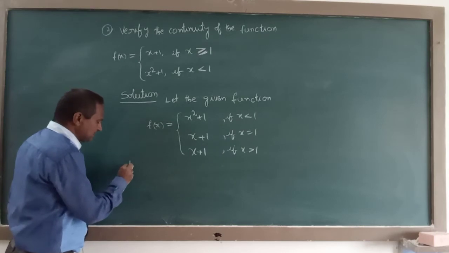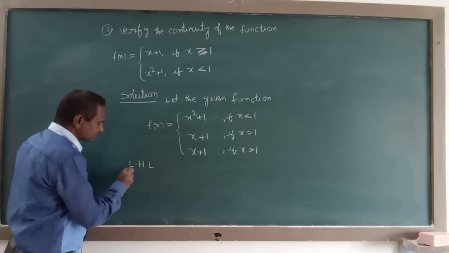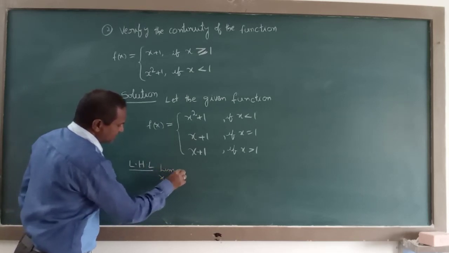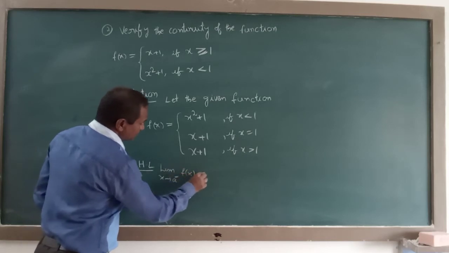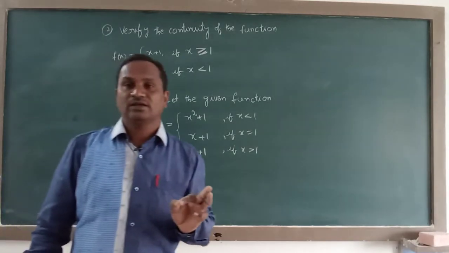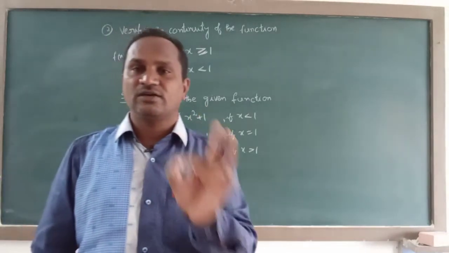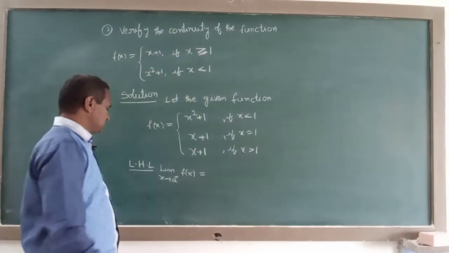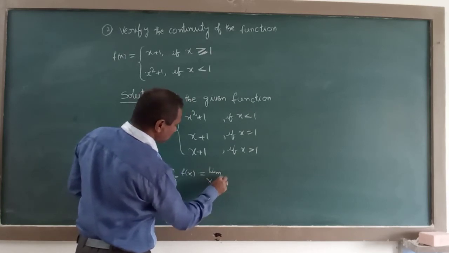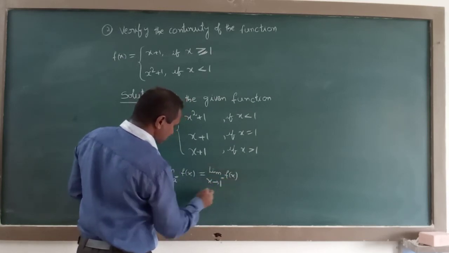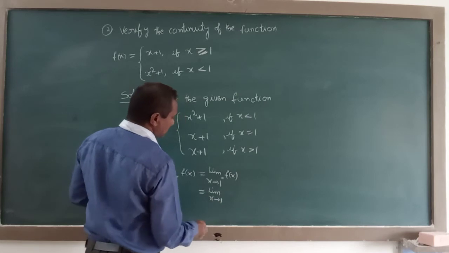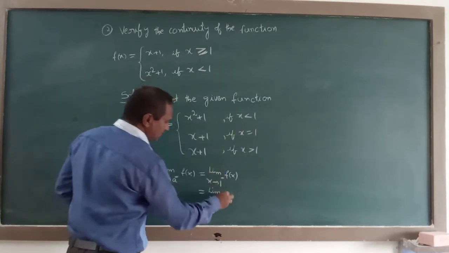First, we must consider the LHL, left hand limit. The limit as x tends to 1 minus of f of x. The minus represents the LHL; you may write it or not. The limit as x tends to 1 minus of f of x equals the limit as x tends to 1 of the function corresponding to the less than symbol, x square plus 1.